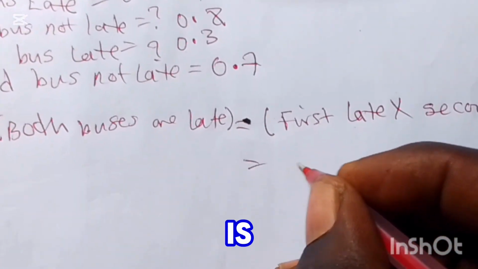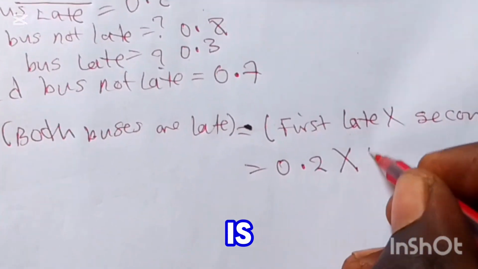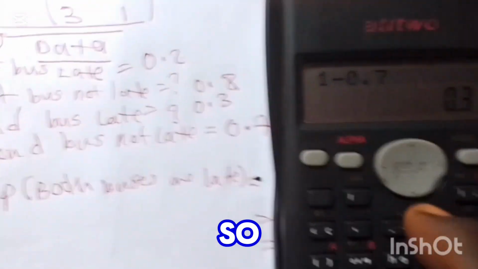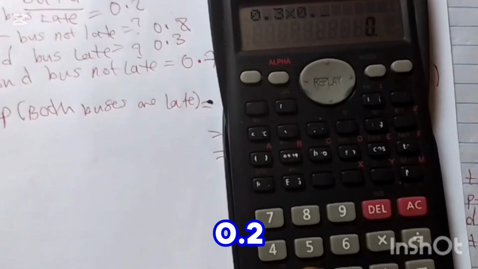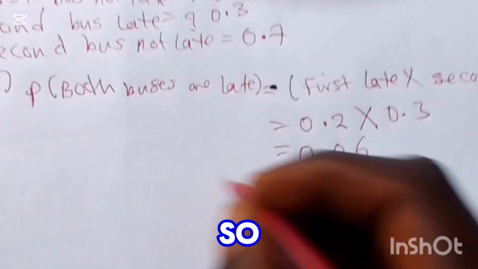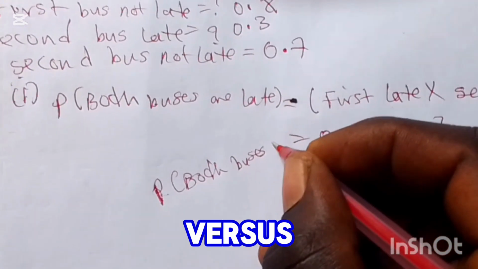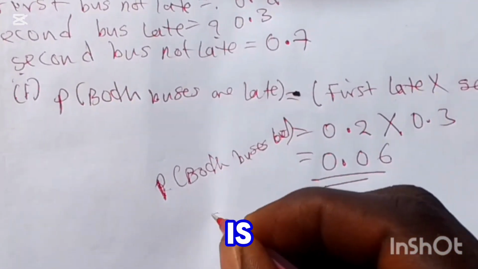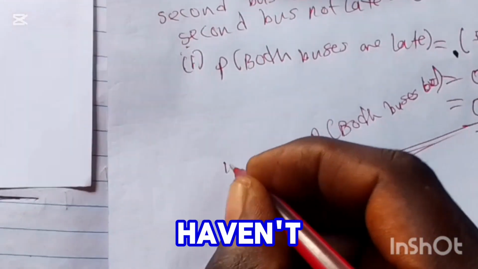The first late is 0.2 multiplied by the second bus late, which is 0.3. So 0.3 multiplied by 0.2 is 0.06. So this is the answer. The probability of both buses being late is 0.06. So let's proceed to question number 2. If you haven't understood, please click on the comment box.